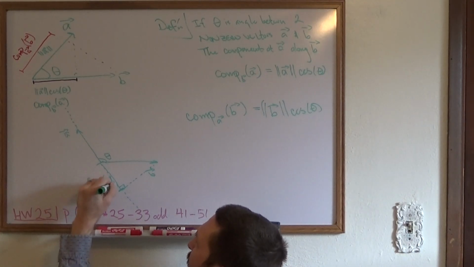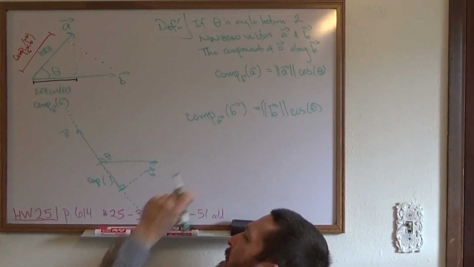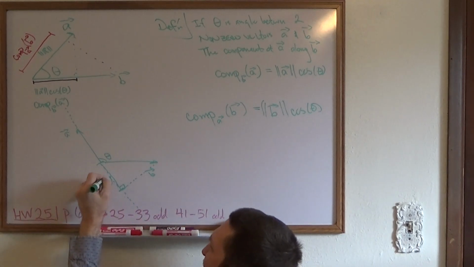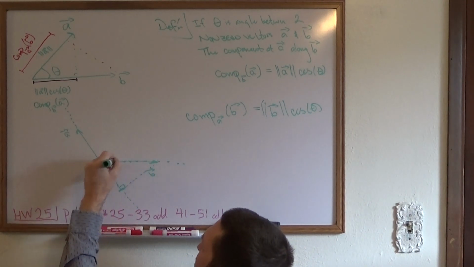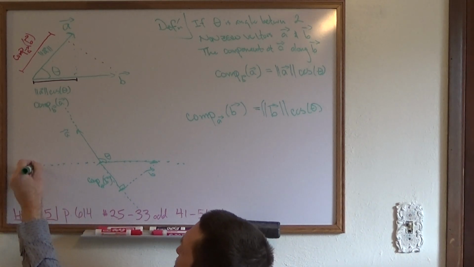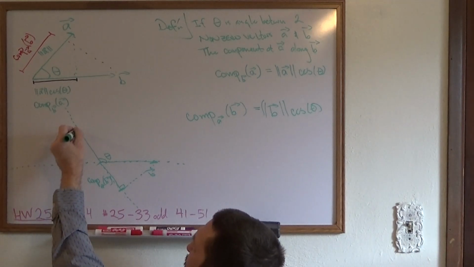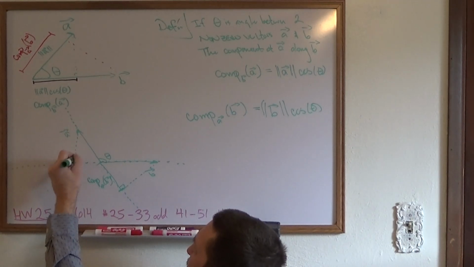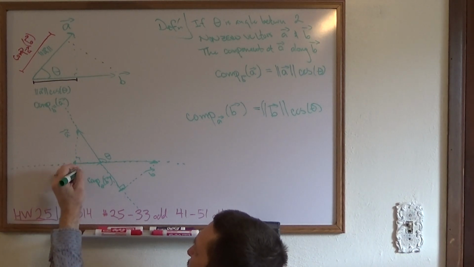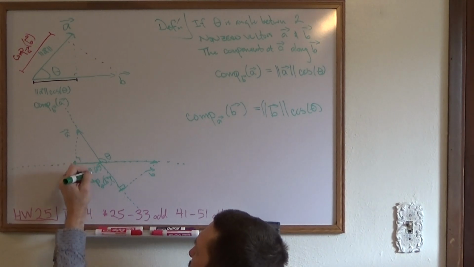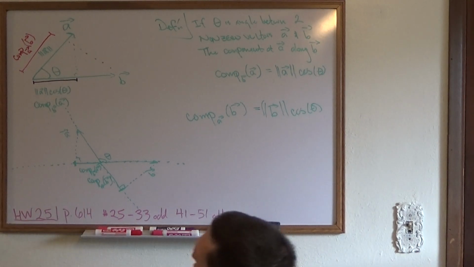B along A. B is being projected onto A, so it's the component of B along A. And then doing it the other way, since this is the direction of B, projecting this guy here is the component of what on what? A along B, right there.